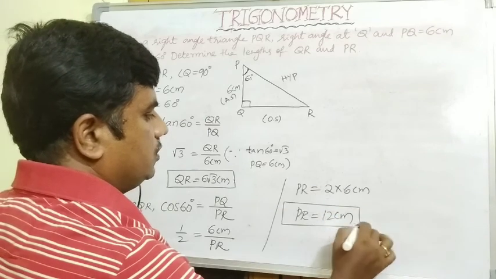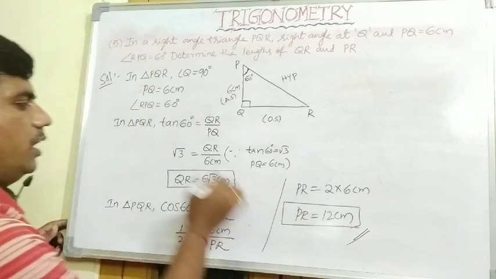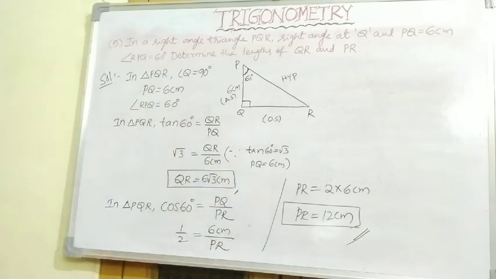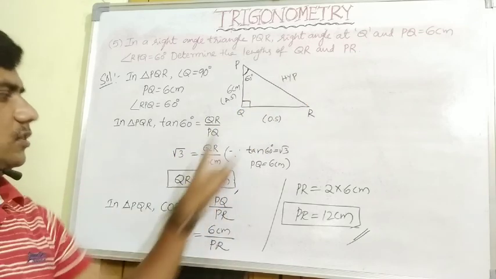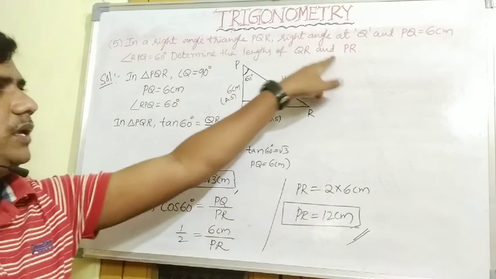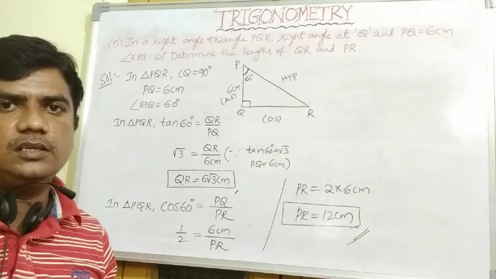So PR length is 12 centimeters and QR length is 6 root 3 centimeters.